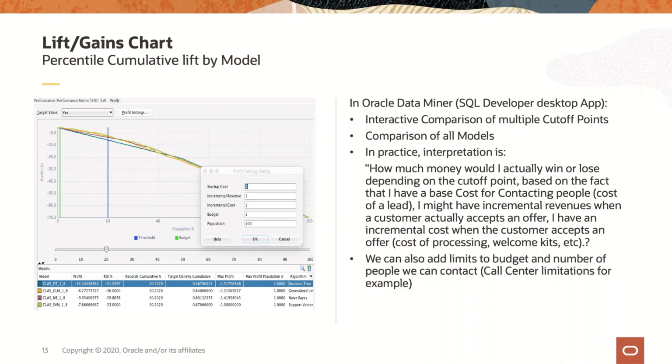So having said that, this is the place where you have all of these interactions happening. The SQL Developer app and the Oracle Data Miner inside it has all of this interactivity and allows you to do that very easily. We do have the cost matrix as part of the Oracle Machine Learning for SQL, which runs inside the database.